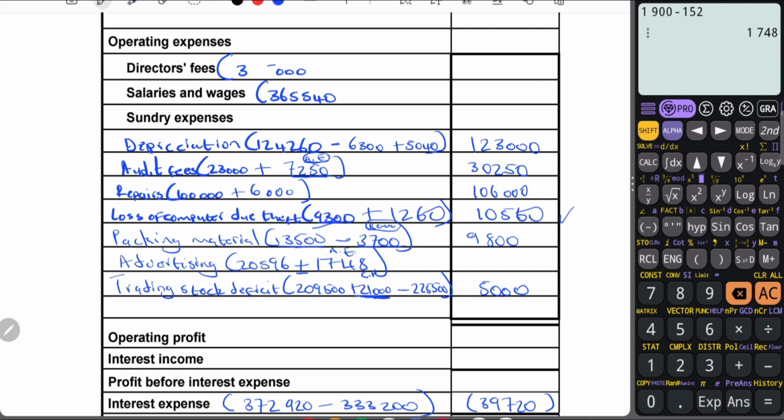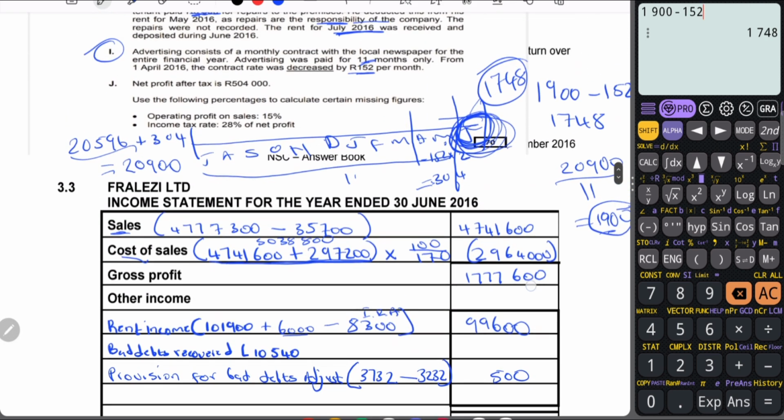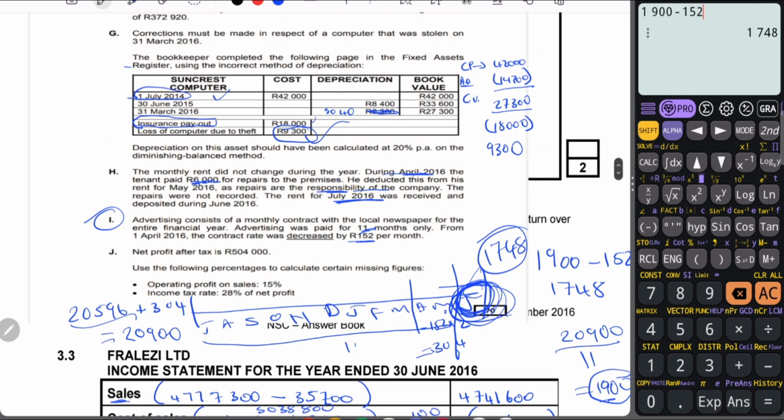As accrued expense, because we are still owing. We did not pay the advertisement for June, so that's why we need to add that amount now. Now we can continue with our information. I'm almost done.